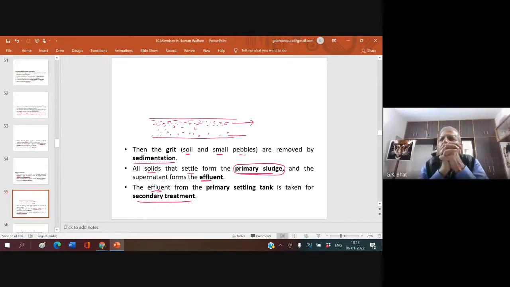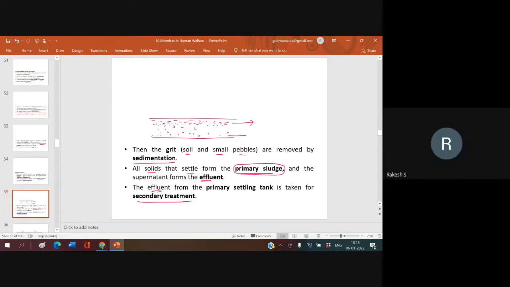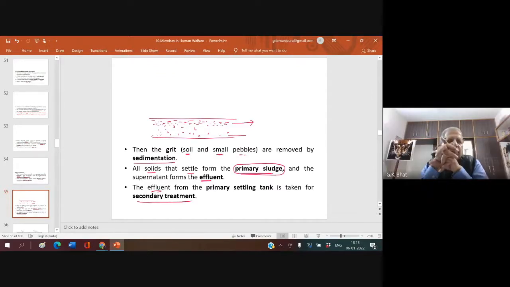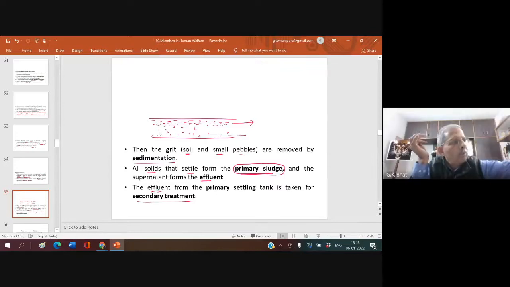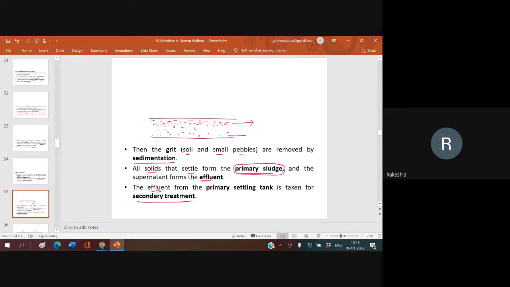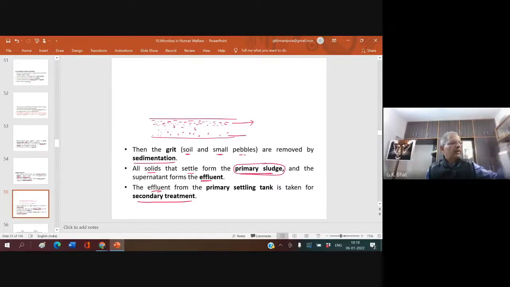In sedimentation, large particles are settled down when the sewage water is flowing, and then in the filtration, the small particles are filtered, which are removed by sequential filtration.